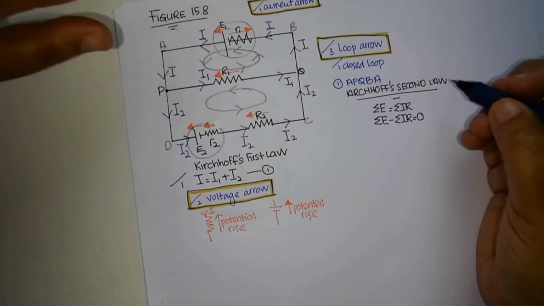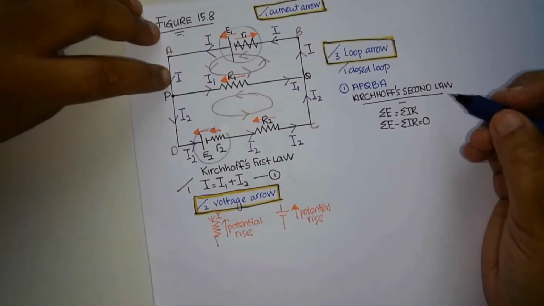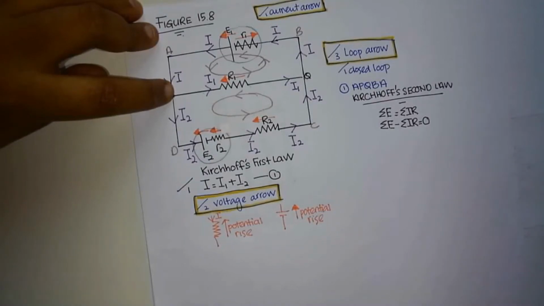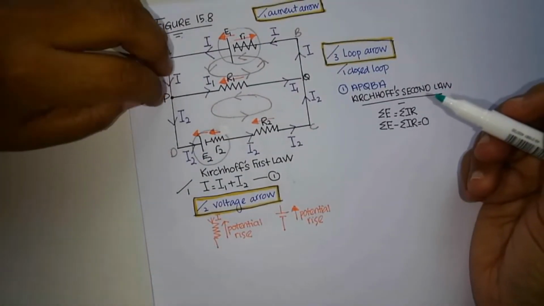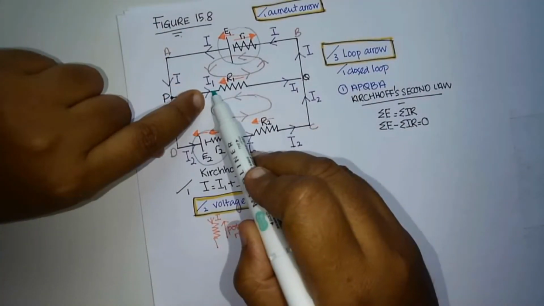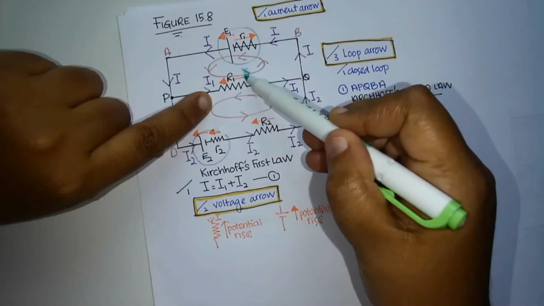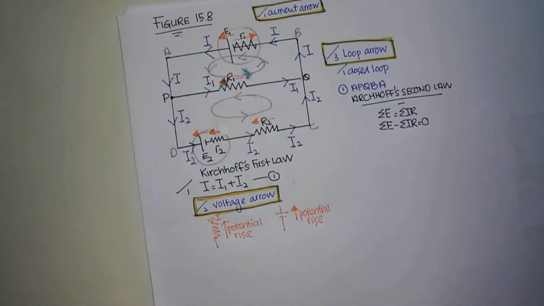Okay, let's start. Now we go from here. Okay, when we arrive here, we notice that the loop arrow is opposite to the voltage arrow.